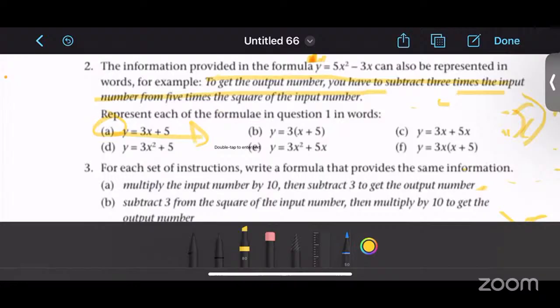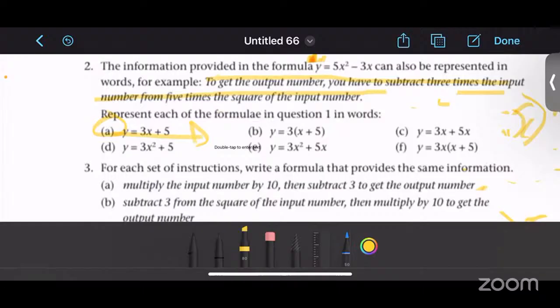I want you to say it aligning to that. There is no "to get the answer" here. It's either you are getting an output or input number, okay? So you have to follow the strategy or the format that they are using here. We have input, we have outputs here. There is no answer. So I've highlighted their answer for you to follow that.